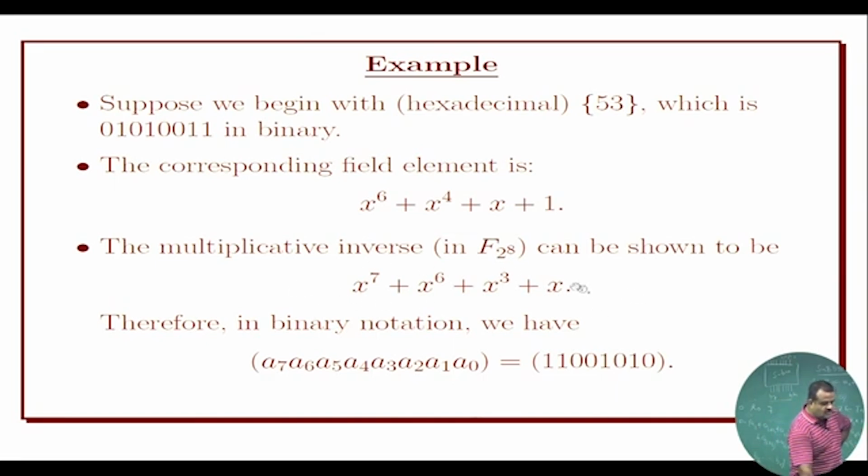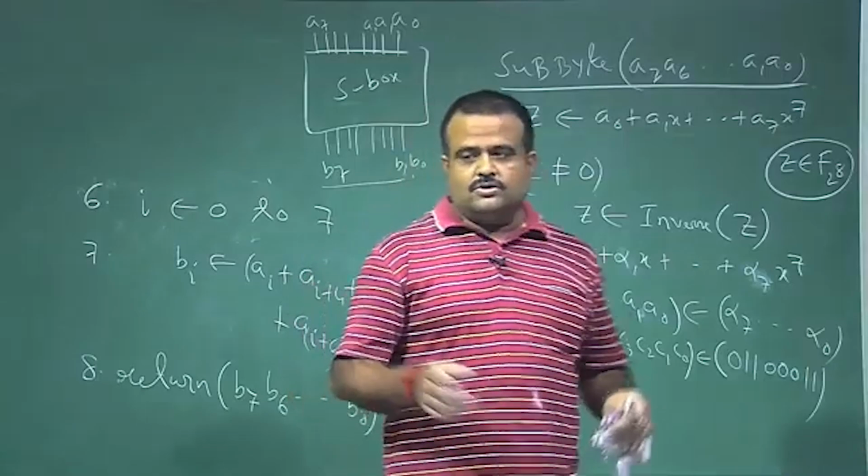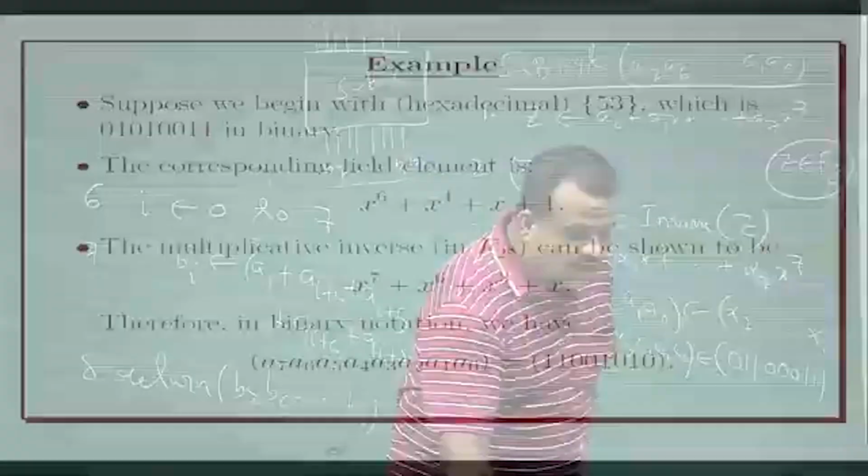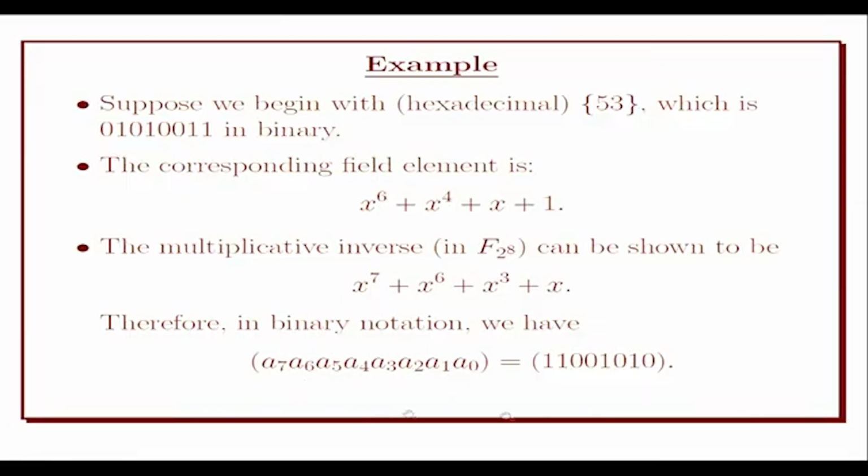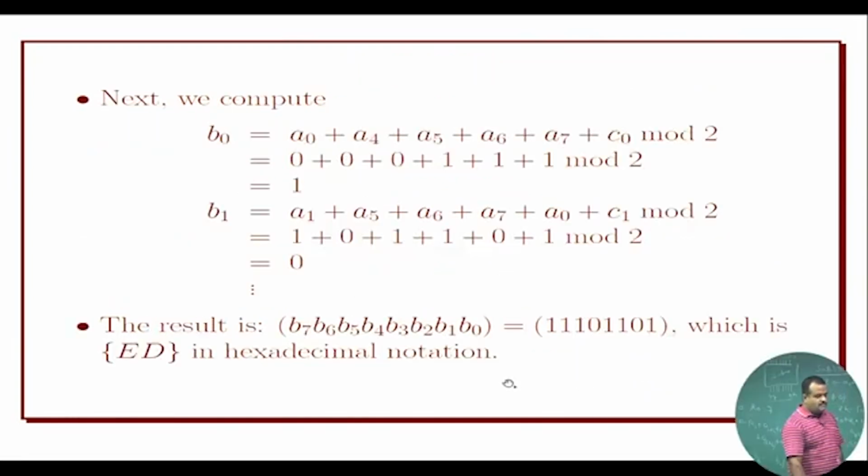Now we store this inverse. This is again a 7-degree polynomial, so it has 8 bits. We store it again into the AI variables: A0, A1, A2, ..., A7. Now, to get the BIs, we take the constants C0 and so on, and B0 is A0 plus that formula, and we put in these values and we got 1. Similarly, we can calculate B1, B2, and so on.